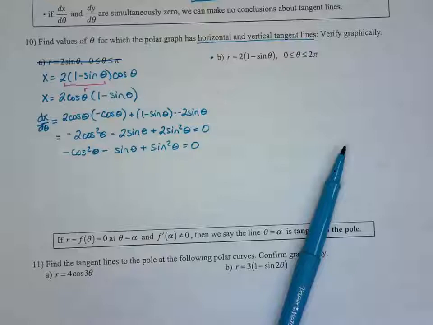Okay. It's been a while since you've done this. What should I do to what's left? Doesn't sine squared and cosine squared equal 1? That's a good thing. Let's talk about that. What do you have to do to sine squared and cosine squared to make it equal 1? You add them. The formula says sine squared plus cosine squared equals 1.